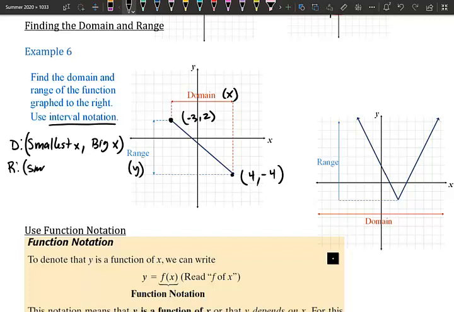It's the smallest y and the biggest y. So if we did that, our domain, our smallest x is -3. It's the point we're given. And the biggest x is 4. That's the point we're given. Our range, our smallest y is -4, and our biggest y is 2. And those are from the points that they gave us.